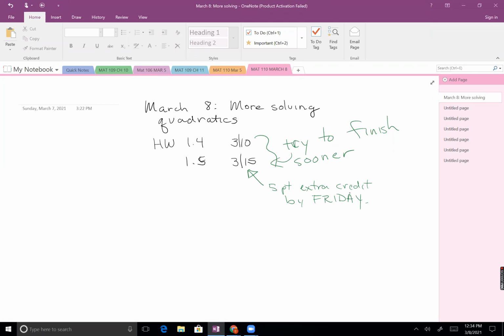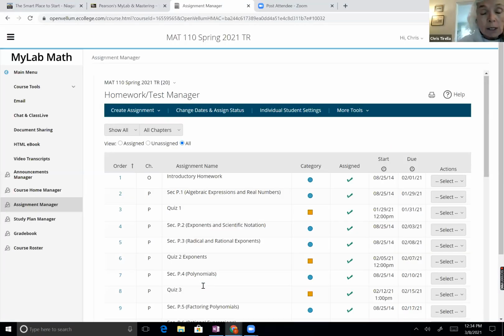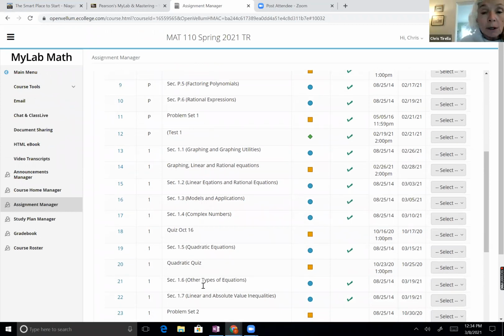Before we pick up from where we left off, does anybody want to look at anything from any of this chapter 1 homework, that 1.4 on complex numbers that is due Wednesday? Or has anybody started looking at any of the quadratic equations?